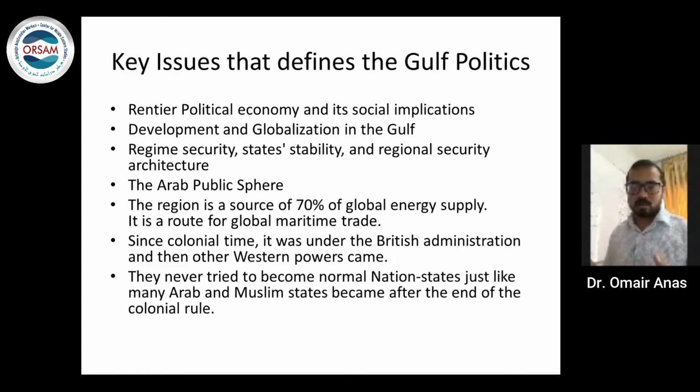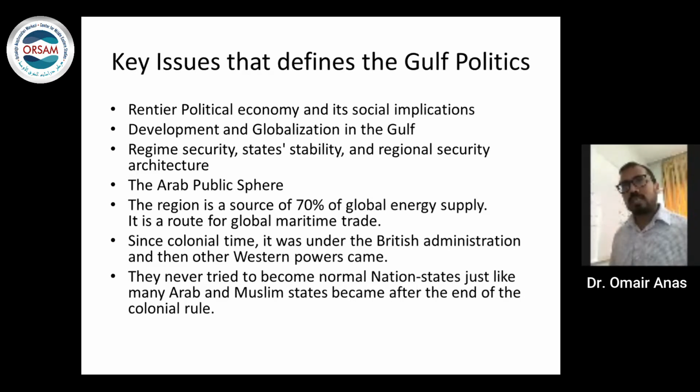For example, if there were democratic politics in Saudi Arabia, they could change the terms and conditions, ask for more rent, and ask for more money in exchange for their supplies. So they wanted to keep the rulers in their places, and did not want these rulers to be changed.